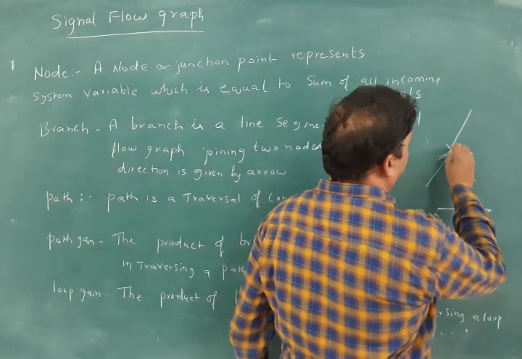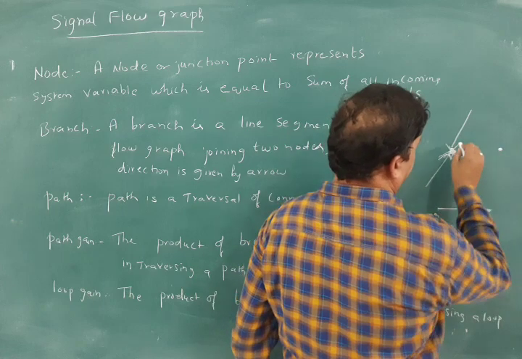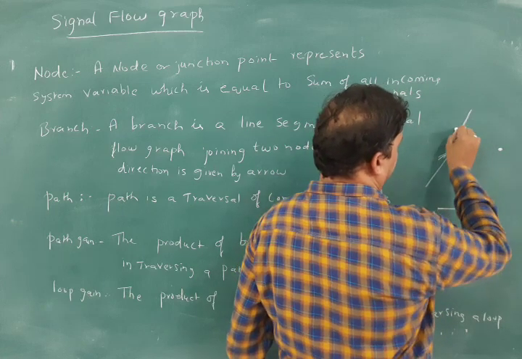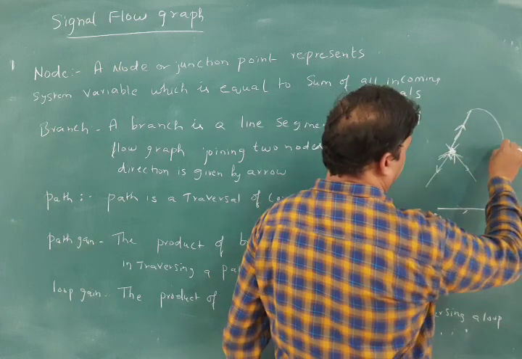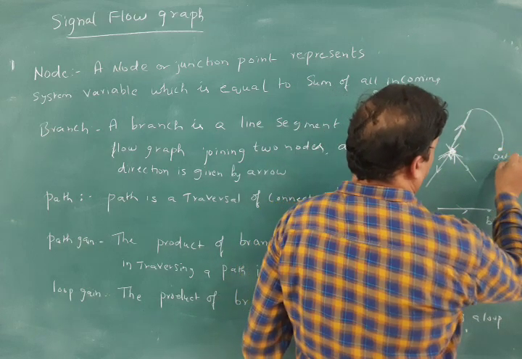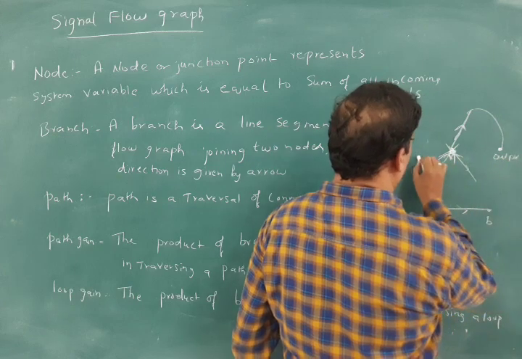Here is the input, and suppose the output node is here. Starting from here, the branch travels outside and reaches the other node. So this is called the output node and this is called the input node.